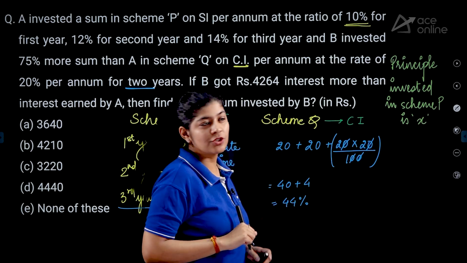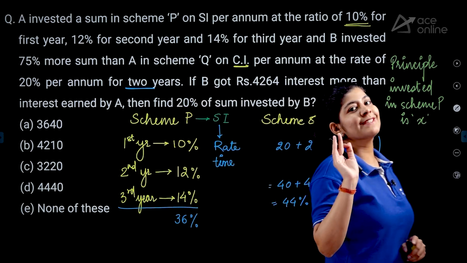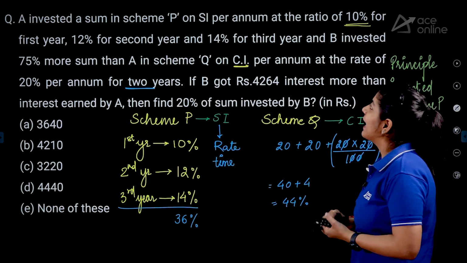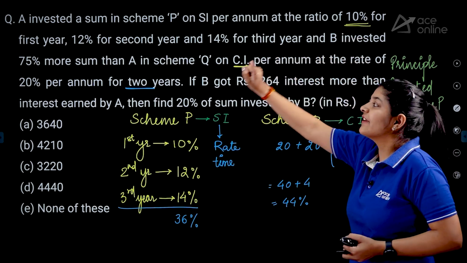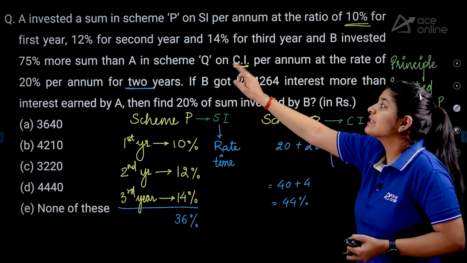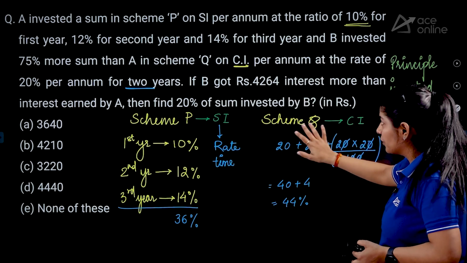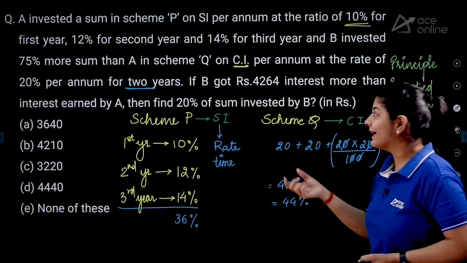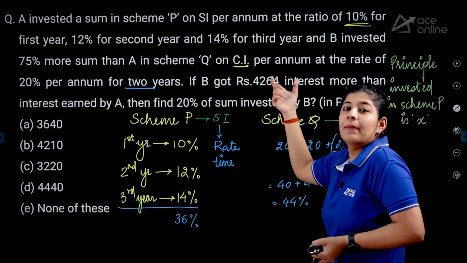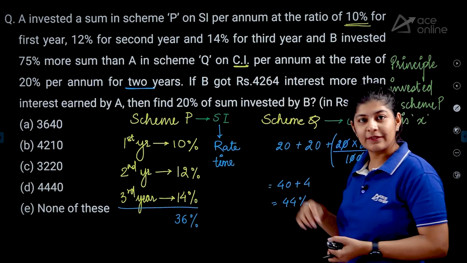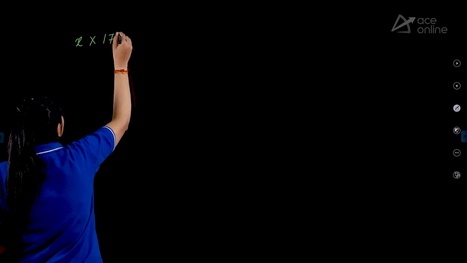Now, what does the question say? The question says that B invested 75% more sum than A in scheme Q, and because of that he is getting this much amount more than what A is getting. So according to the question, we can say that B invested 175%.